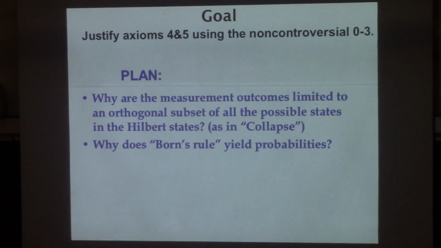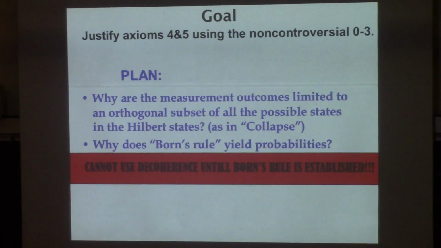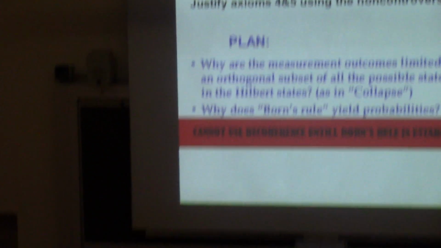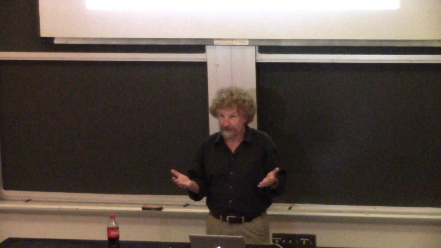So the plan: why are the measurement outcomes limited to an orthogonal subset of all the possible states in the Hilbert space, as in the collapse postulate? And why does Born's rule yield probabilities? And we have our hands tied. We cannot use Born's rule in deriving Born's rule. So we need to do it somehow differently.